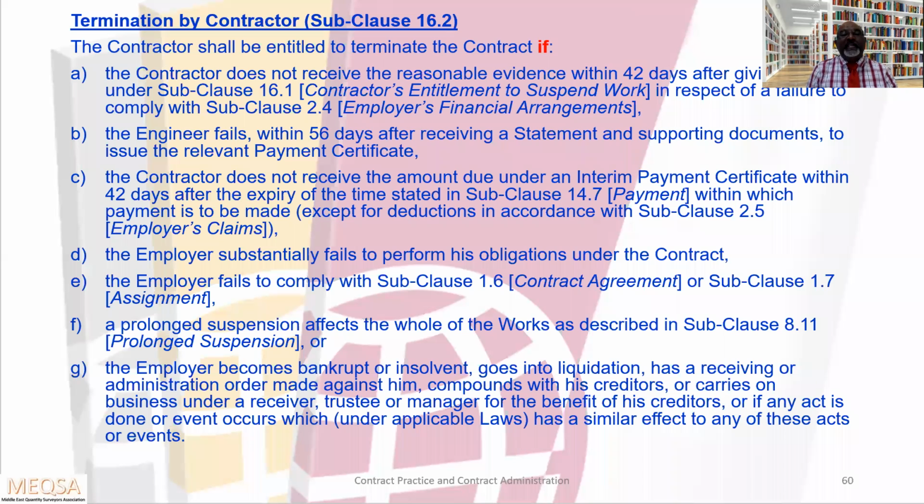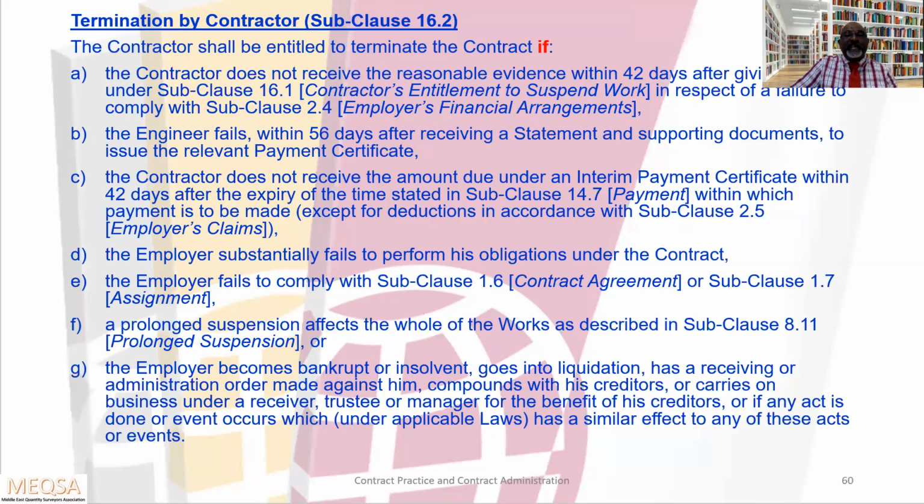B, the engineer fails within 56 days after receiving a statement and supporting document to issue the relevant payment certificate. C, the contractor does not receive the amount due under an interim payment certificate within 42 days after the expiry of the time stated in subclause 14.7, within which payment is to be made.